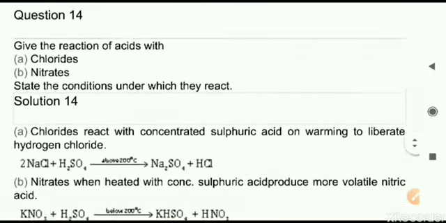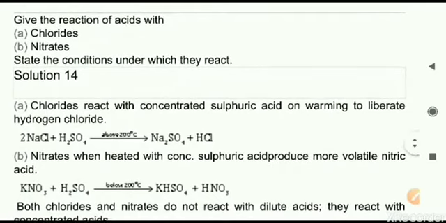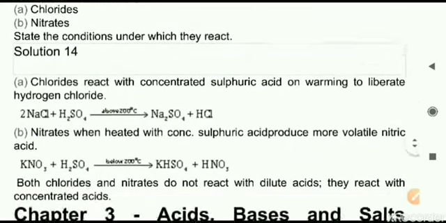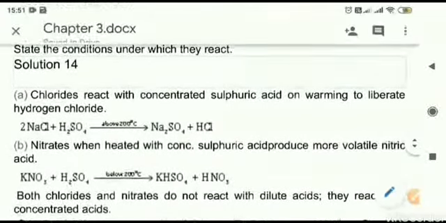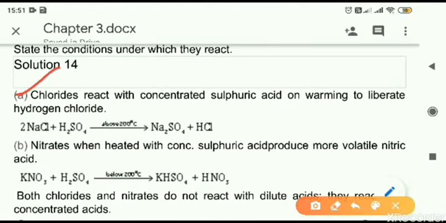Question number 14, give the reaction of acids with chlorides and nitrates, and tell the conditions when these reactions take place. So this was the last chemical property that we had discussed regarding acids. First there was the reaction of acid with chloride. Chloride will react with the acid, and we will get a salt and an acid, that is HCl will be produced, because we have taken chloride, so we get an acid containing chloride.